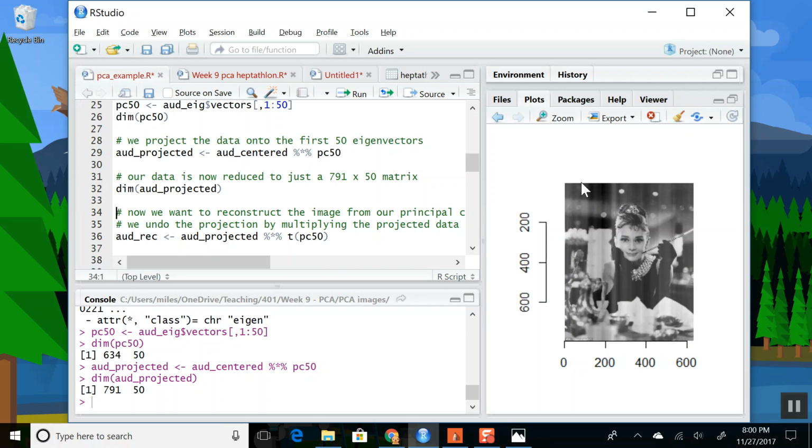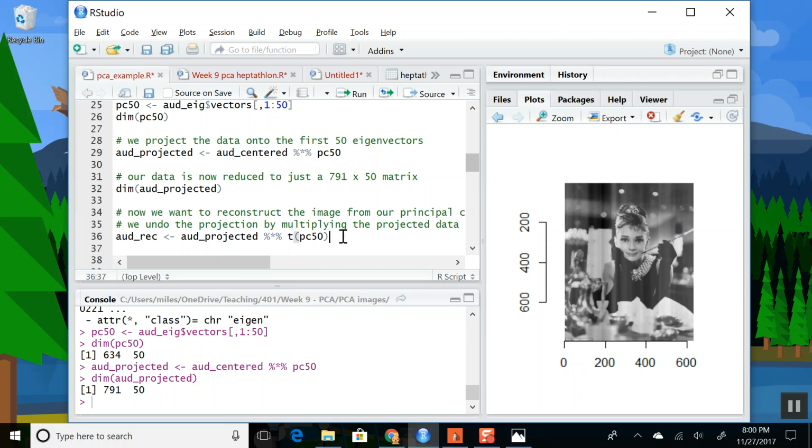So I've reduced the amount of data that has to be stored down to 50 columns rather than 634. Okay, so the original image, 791 rows of 634 columns. Now it's just 791 rows of 50 columns.